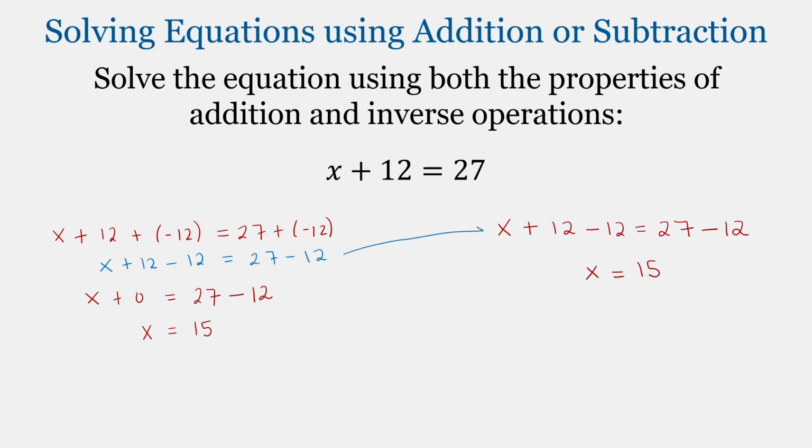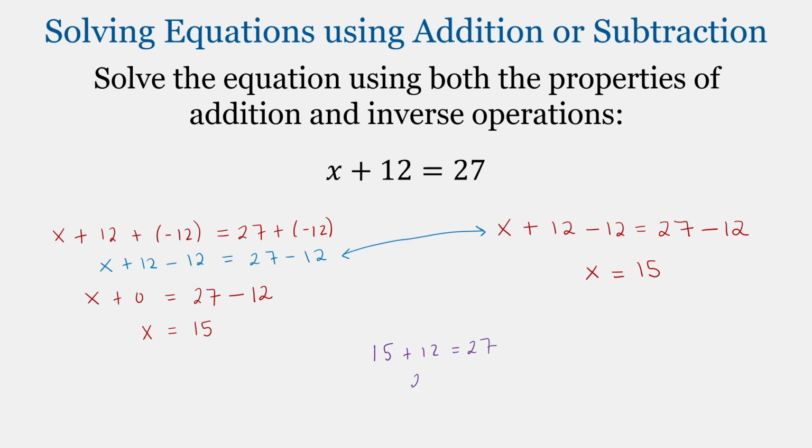This is the same equation. So whether you use the properties of addition or inverse operations to solve these equations, you'll end up with the same basic equation to solve these. We'll quickly check our answer. So we have 15 plus 12 equal to 27.